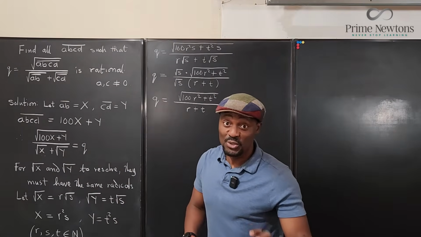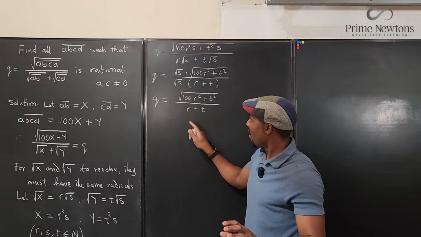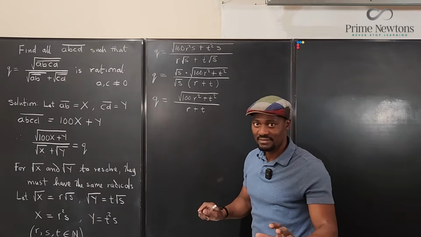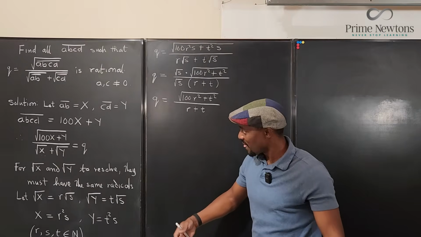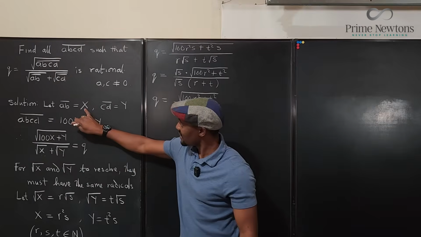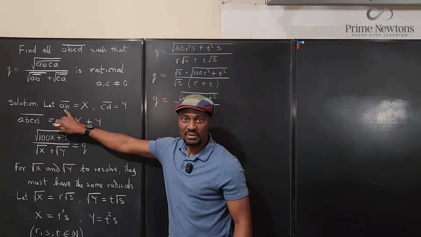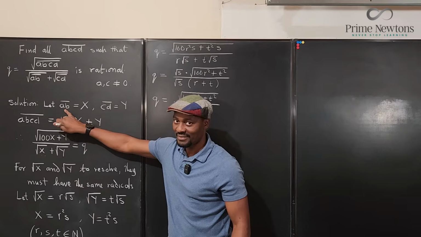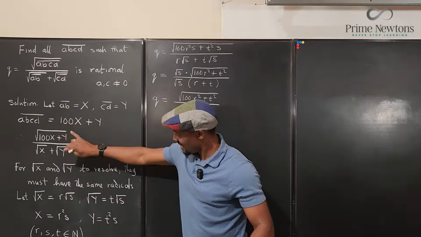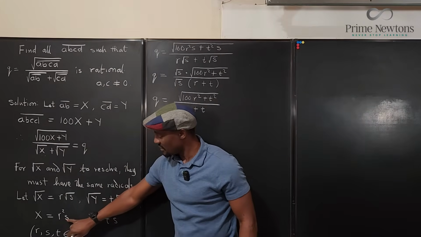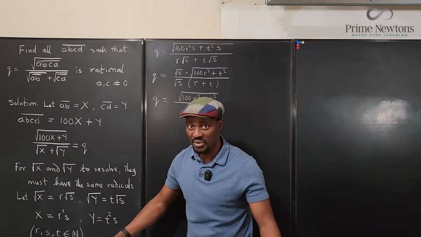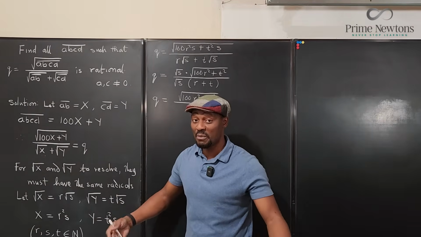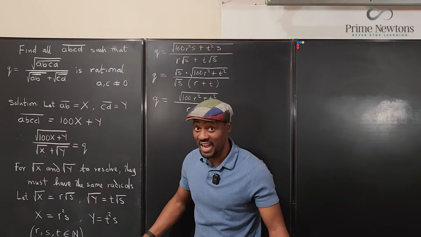There are certain restrictions that R and T have. How do we know? Look, X is a 2-digit number. That means that R squared times S is a 2-digit number, and the biggest 2-digit number you can get is 99.